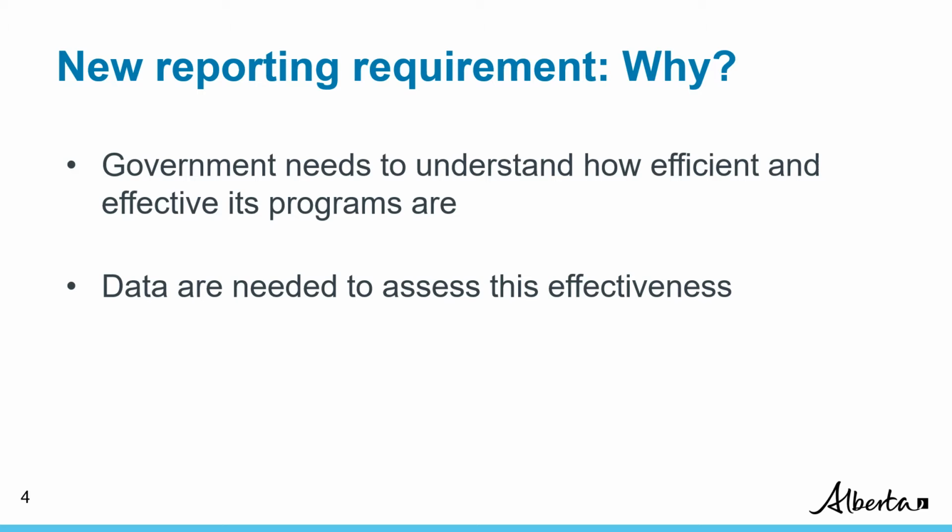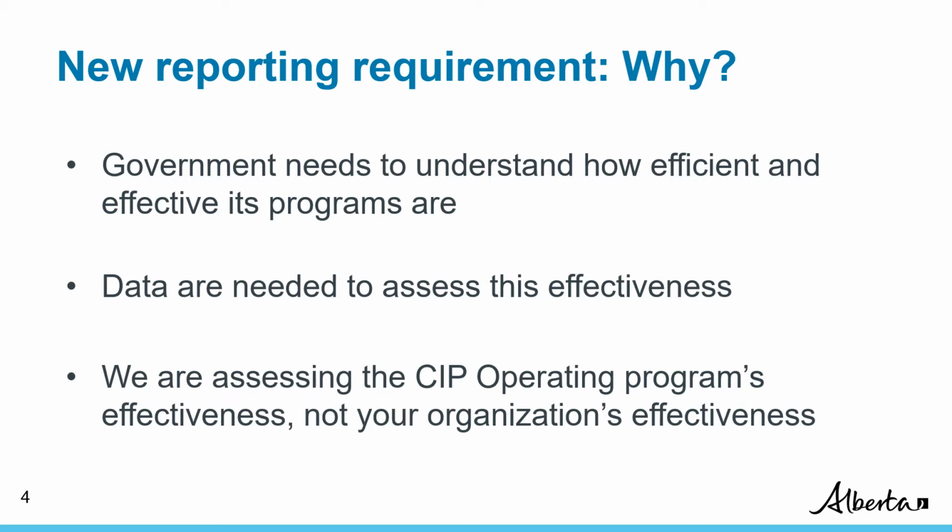And for that purpose, we have to collect data on the effectiveness of the program. And the program is as effective as its participants are successful. While the organizations are asked to provide data, it will be used only for the purposes of assessing the CIP Operating program's effectiveness, not your individual organization's effectiveness.